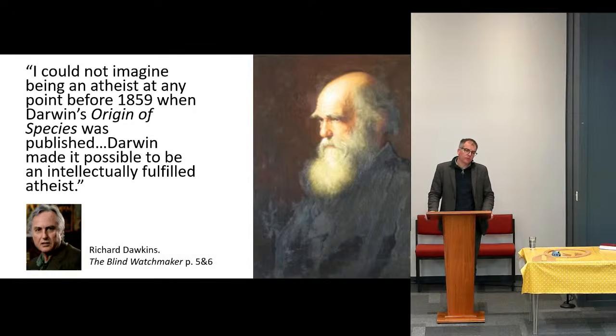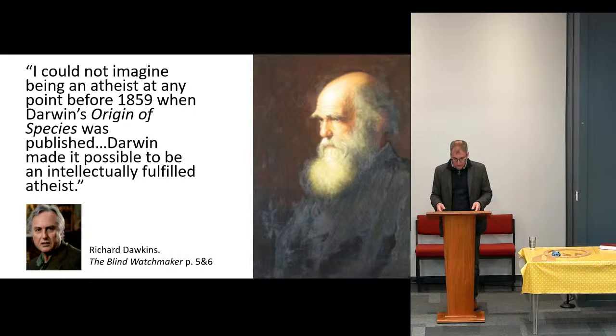Now, Richard Dawkins knows that there were atheists before Darwin, and these atheists, when they came to the complexity of the living world, just had to say this came about by pure chance. But he admits that that really is not intellectually fulfilling. He knows about the arguments of people like Democritus and says, but that's just not believable.